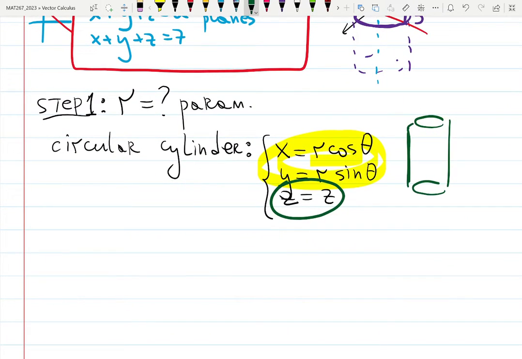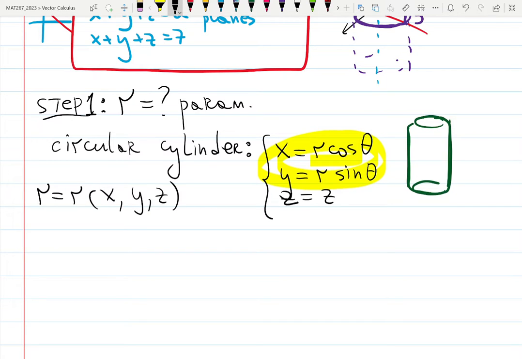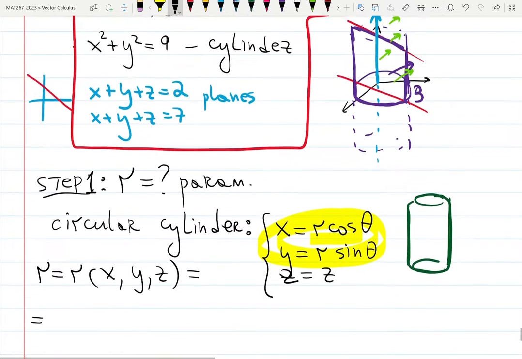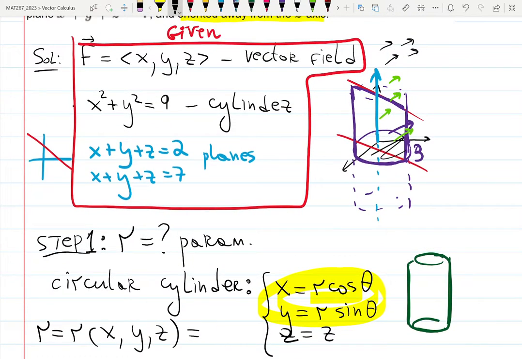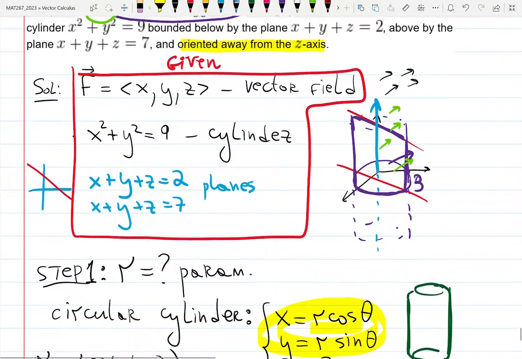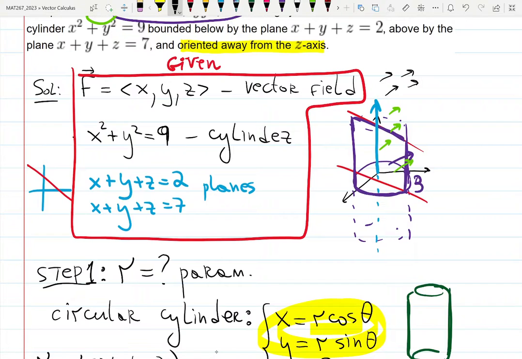Then what are my u and v? I'm like, no idea. R is x, y, z. That's how you create parameterization, right? So we will have r cosine theta, r sine theta, and z. But r is fixed. The thing is, we don't need volume anymore, so it's not like we need to keep r changing from 0 to the number. R is fixed and it is 3.